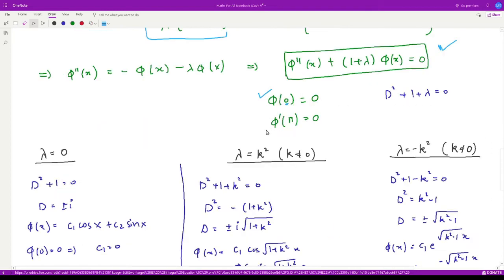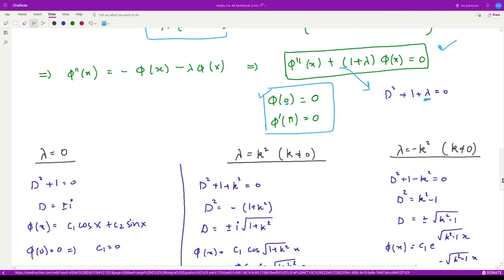These are the conditions, and the auxiliary equation corresponding to this differential equation could be written as D square plus 1 plus lambda. What is this D? D is the derivative of phi with respect to x, right? So depending on the value of this lambda, we have different solutions phi x.